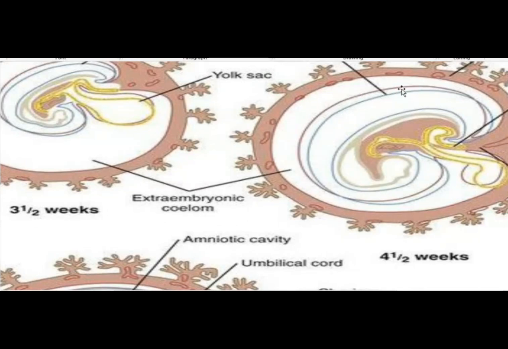And the amniotic cavity is surrounded by the amniotic membrane, which we have seen. External to the amniotic cavity, we have the chorionic cavity or gestational sac or extraembryonic coelom, which is surrounded by the chorionic membrane.